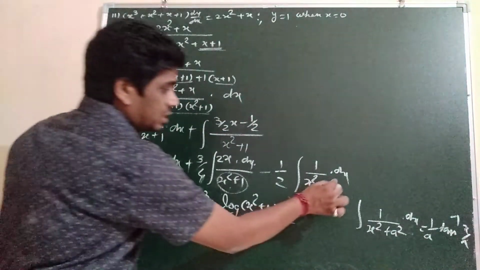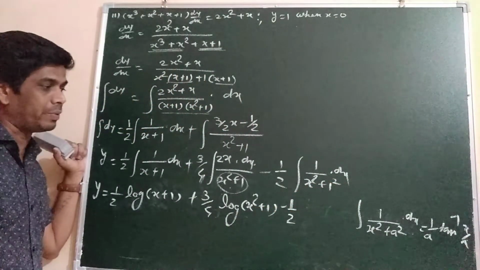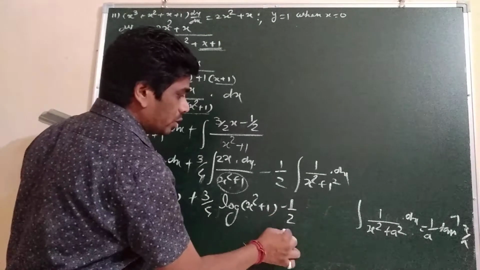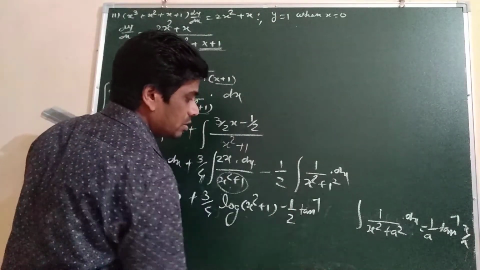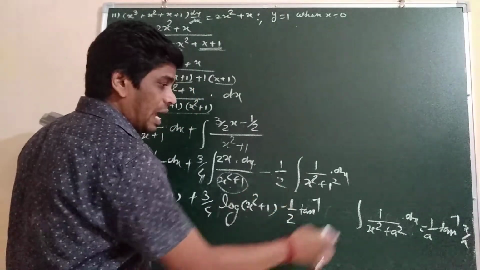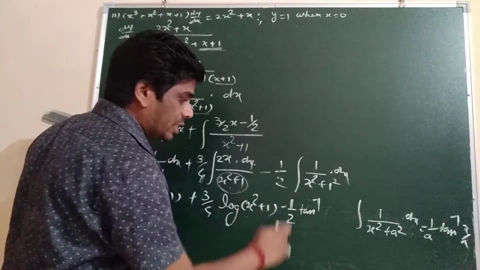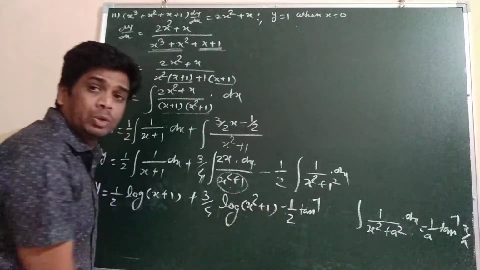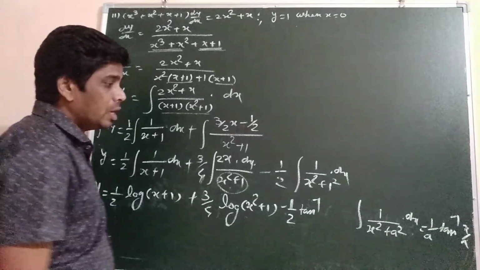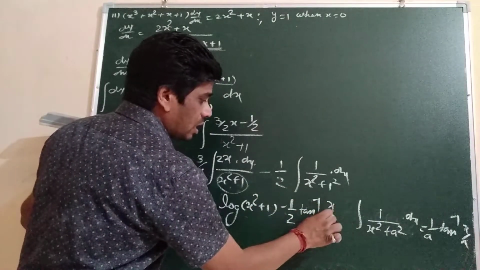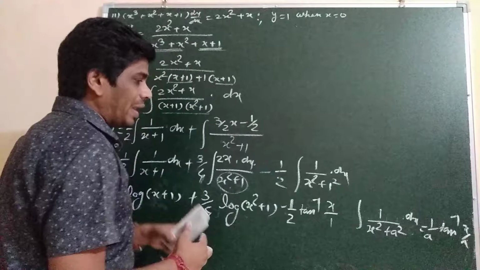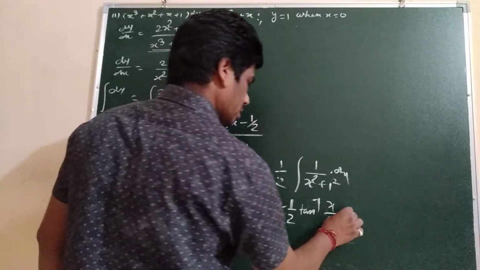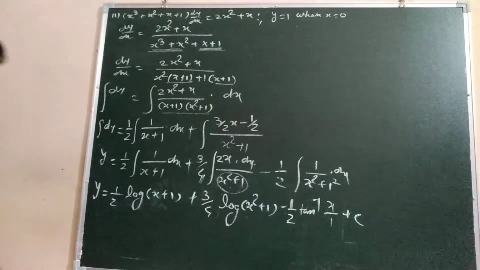So here a is 1, 1 is 1 square we can write. So you will get here 1 upon 2 tan inverse x upon 1, and 1 upon a means 1 upon 1, it will be 1 only. Plus c. Okay, this we got.